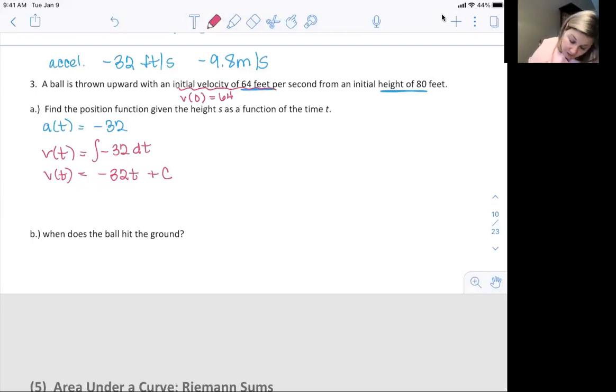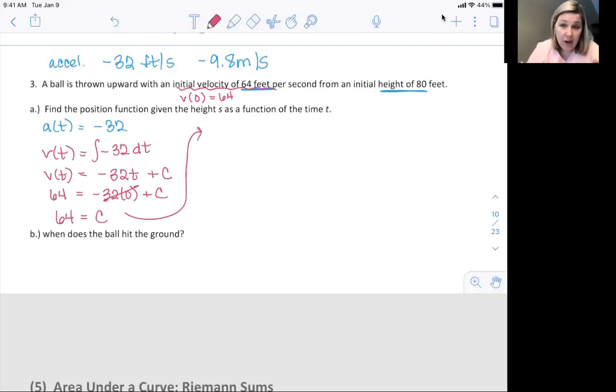We can put that in: 64 equals negative 32 times 0 plus c. That's just 0, so c is 64. So now we have our particular velocity equation for this scenario: V of t is equal to negative 32t plus 64.